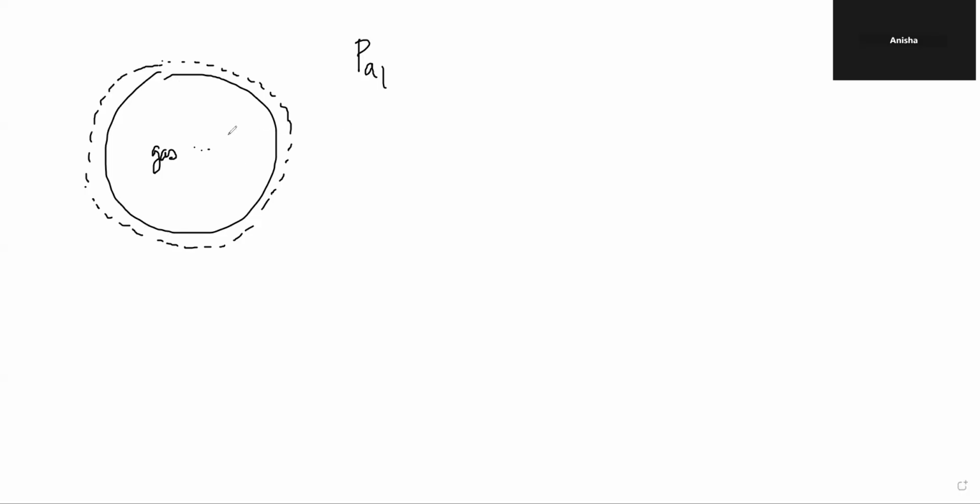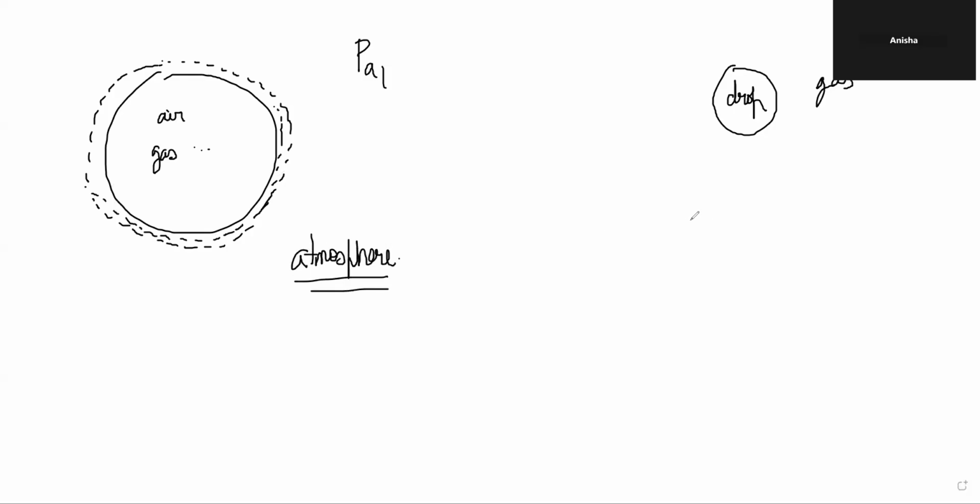You need to know that a bubble has two layers. It's not a drop of liquid. A drop of liquid has a single layer, liquid and then outside is gas, right? But a bubble has air that is trapped inside, and then there's a thin film of liquid, and then outside there is atmosphere.